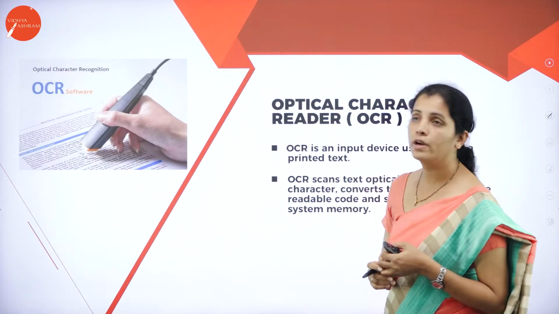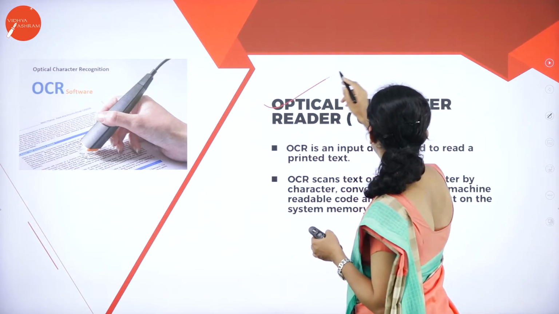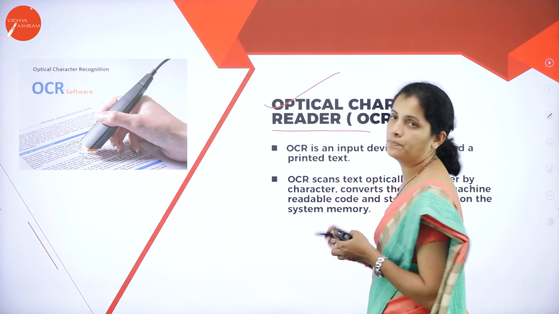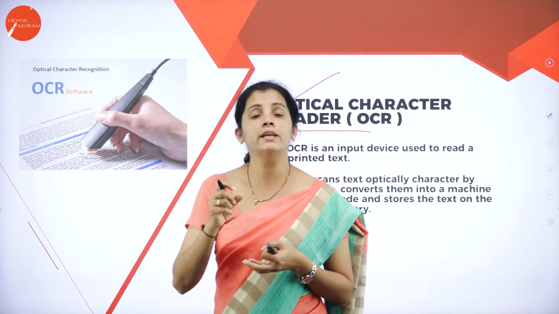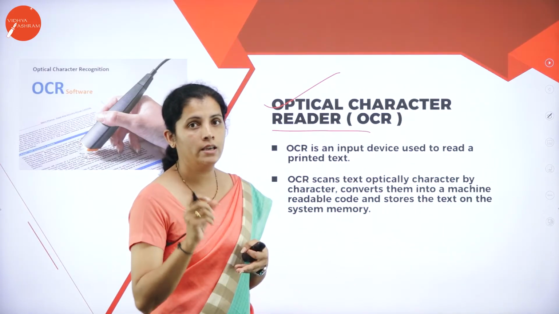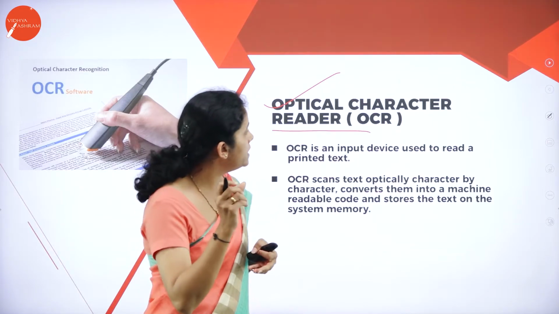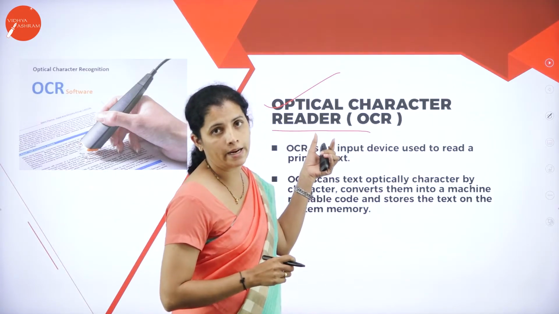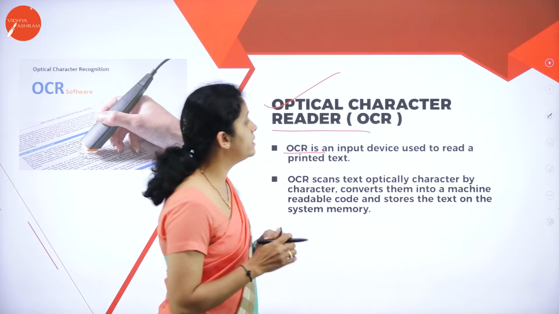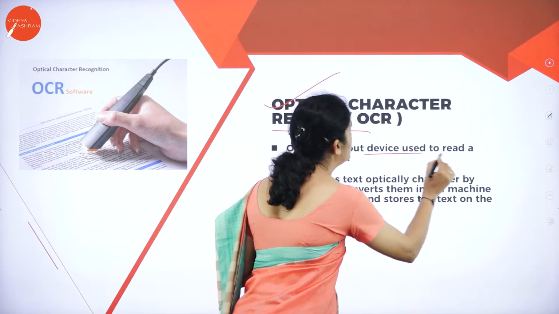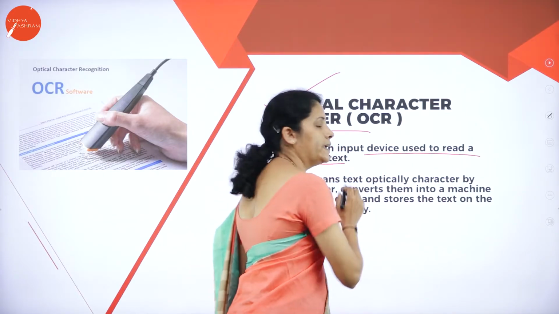Moving further, we are going to have the optical character reader. So here the name itself indicates that it's mainly used to read the character. So here OCR is an input device and it is mainly used to read printed text.